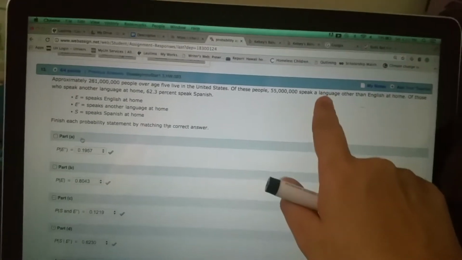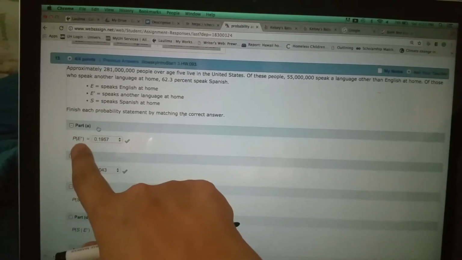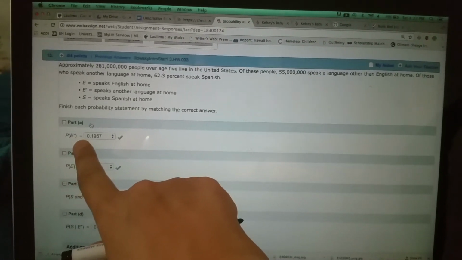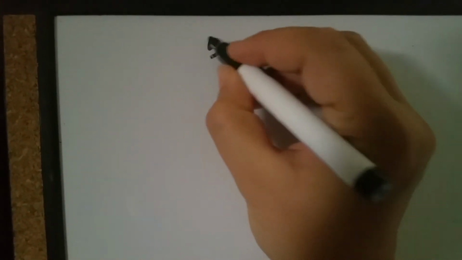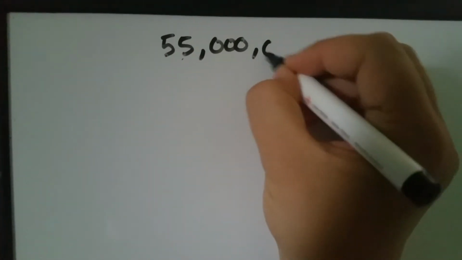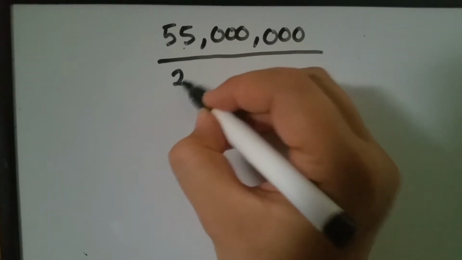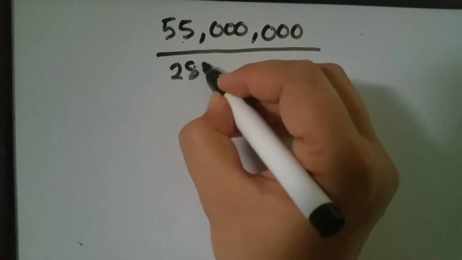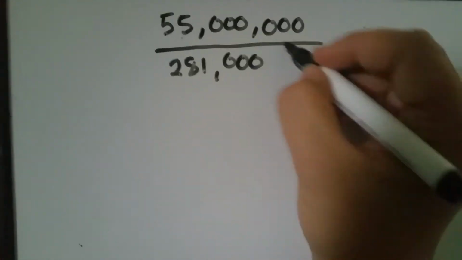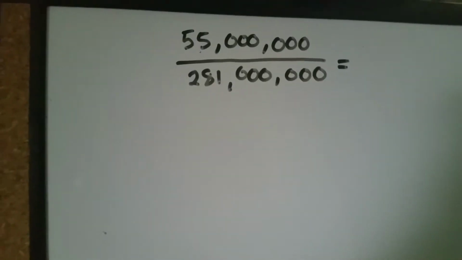So 55 million do not speak English. How are we going to find out the probability of those who don't speak English? Well, we know that it is 55 million over 281 million equals, and then we can divide that.